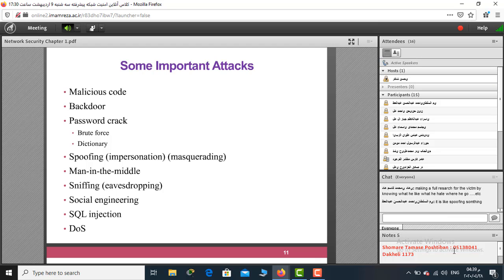It's like spoofing. But spoofing is sometimes based on psychological approaches and sometimes on technical approaches, while social engineering is always based on psychological approaches and techniques.